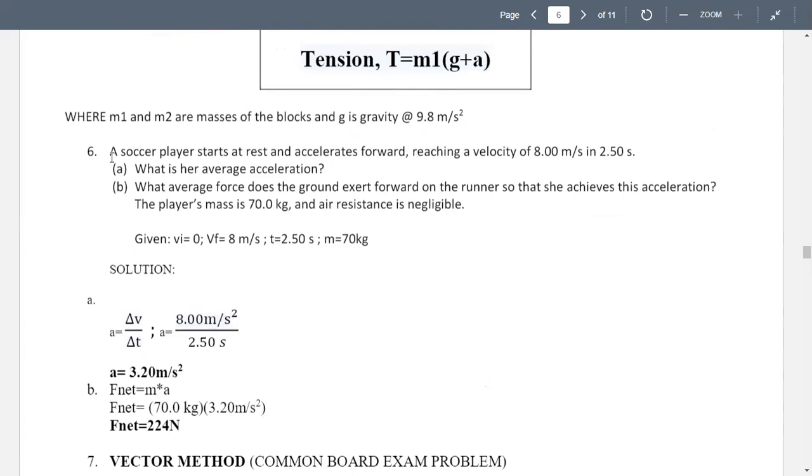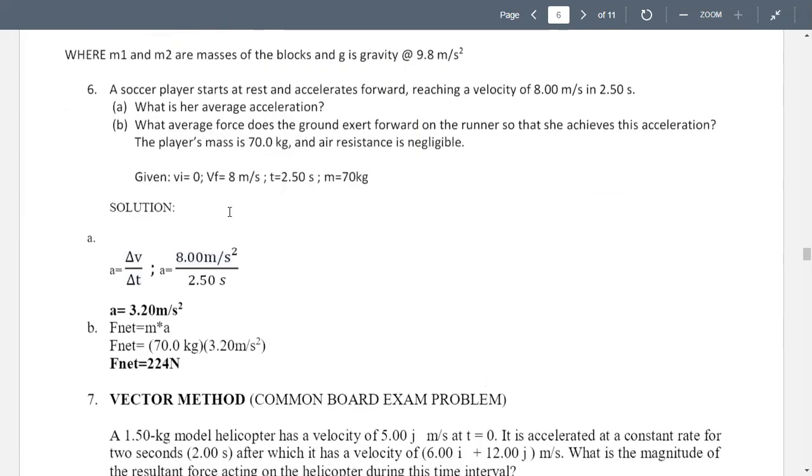The soccer player starts at rest and accelerates forward, reaching a velocity of 8 meters per second in 2.50 seconds. What is her average acceleration? For letter A, and then for letter B, what average force does the ground exert forward on the runner so that she receives this acceleration?